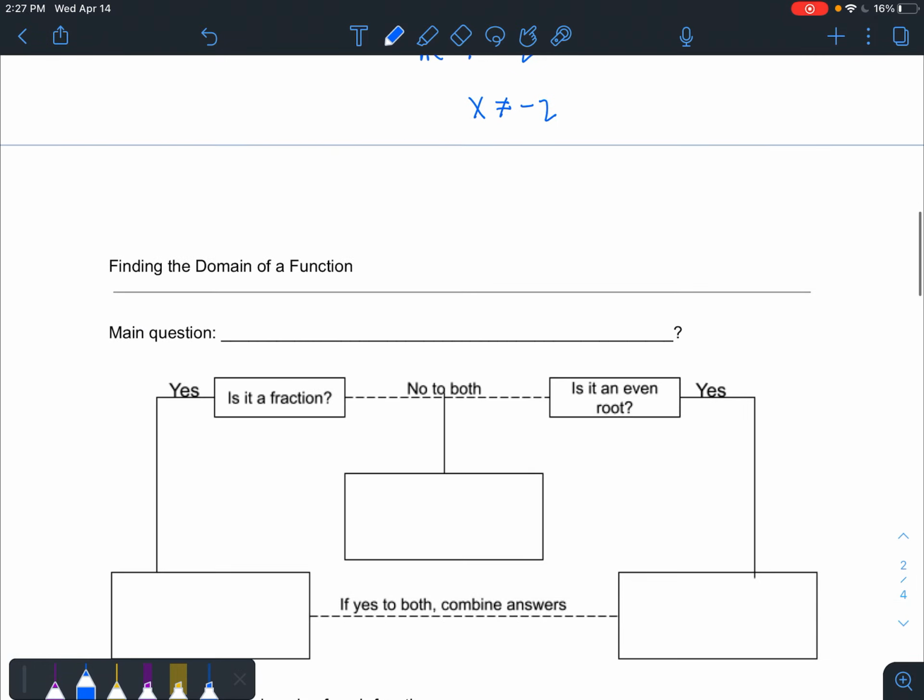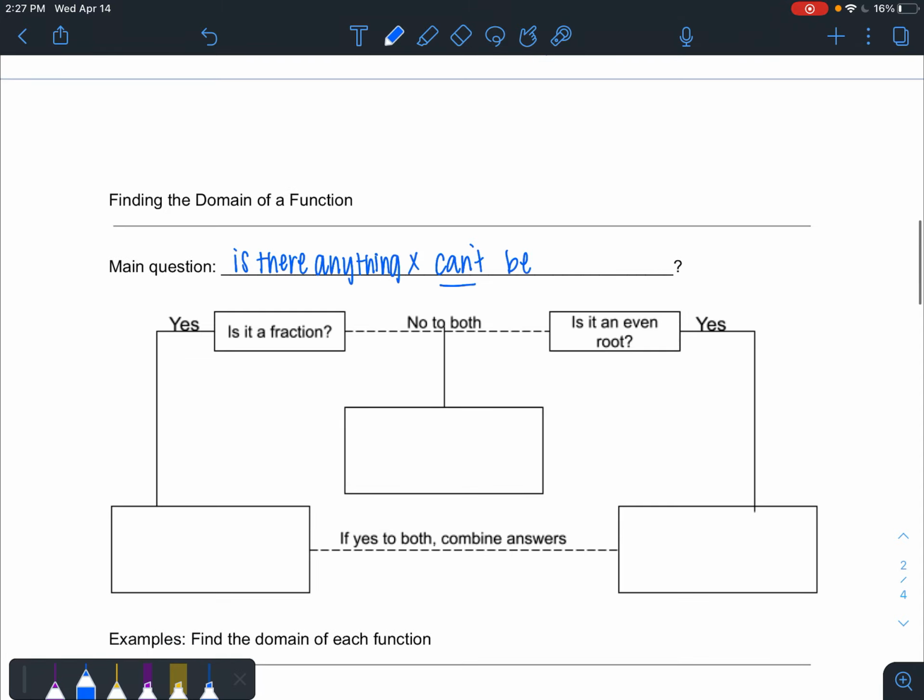Okay, so here are some things with finding the domain. Our main question is always going to be, is there anything x can't be? All right, so let's go ahead and fill this out. The first thing, we're not really going to deal with this too much, but is it an even root? Yes, then we're going to set the radicand greater than or equal to 0 and solve.